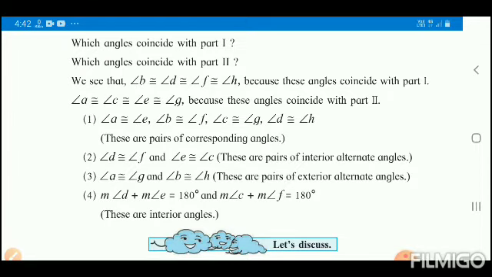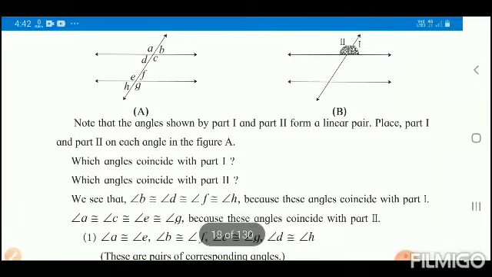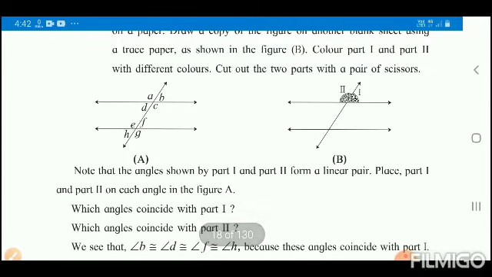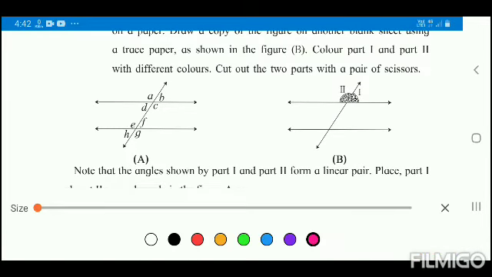Now what remains? The interior angles. We will see the pairs of interior angles.